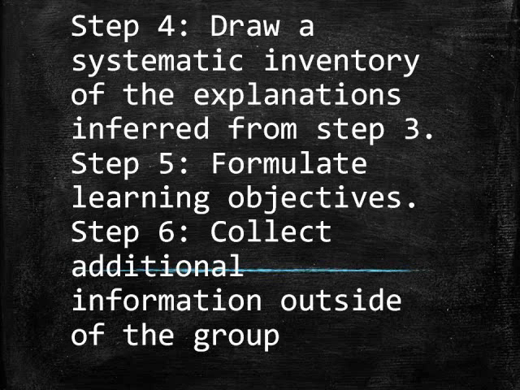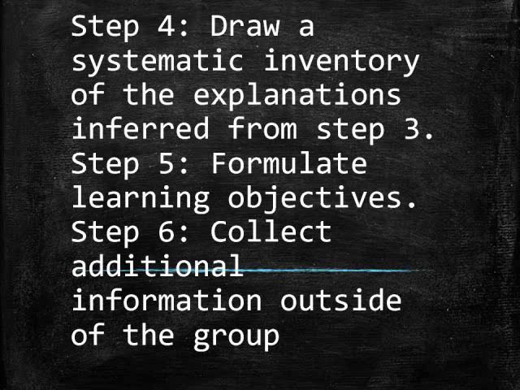In step 5, the group will then formulate learning objectives. So from step 3 and 4, they may have identified missing pieces. And in step 5, they will formulate how they're going to go about gathering that information. In step 6, they'll actually go and collect the additional information.